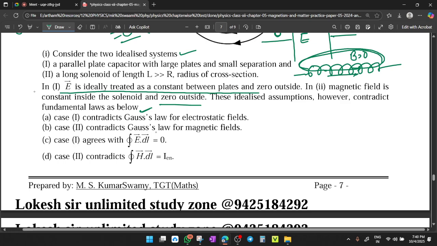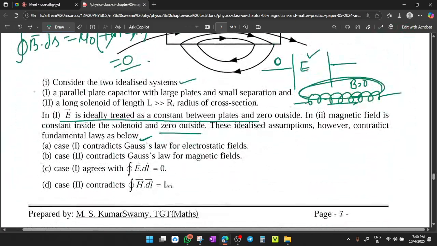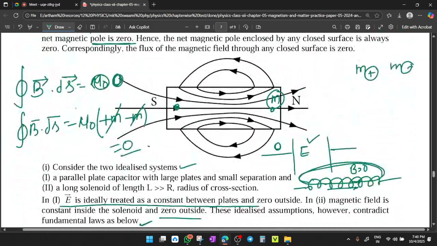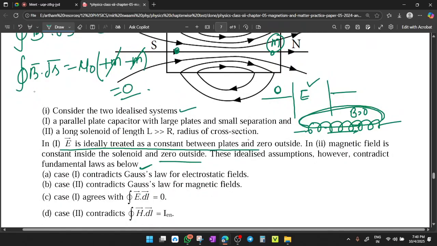Okay, but what is here? Case 2 contradicts the Gauss law of magnetic field. What is case 2? A long solenoid, L greater than R, its cross section. So does it contradict the Gauss law? No. Okay, so this statement is incorrect. So does case 2 contradict the Gauss law?